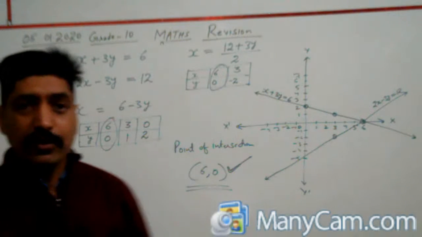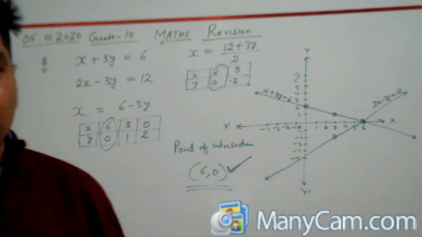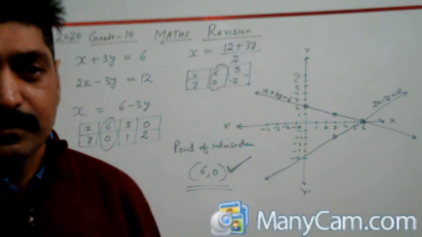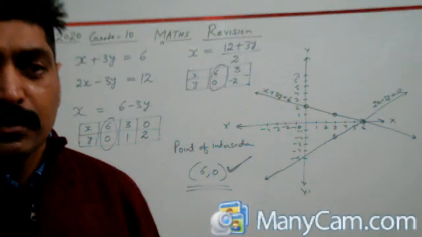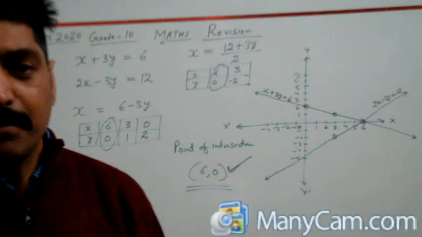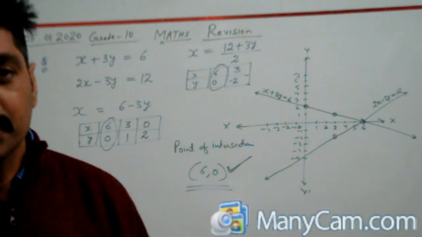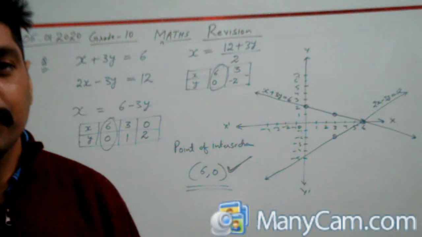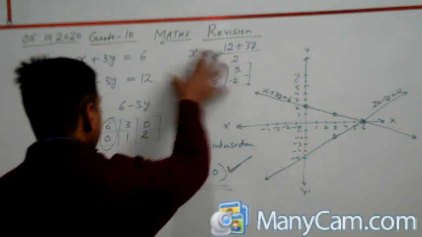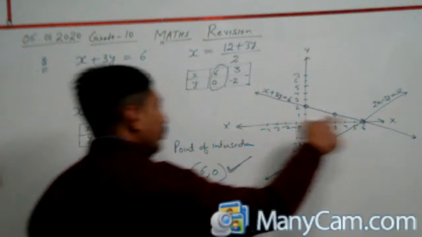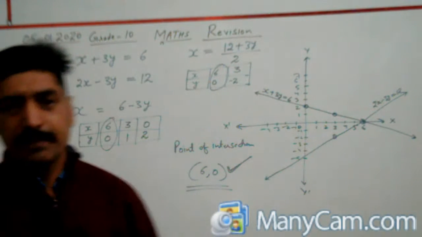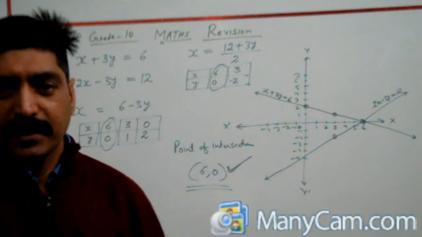If on the graph you are not able to plot lines which intersect at 6, 0, the examiner is going to deduct some marks, minimum 1 or 2 marks. If this part is right but the two lines are not intersecting at the same point, the examiner will deduct the marks.